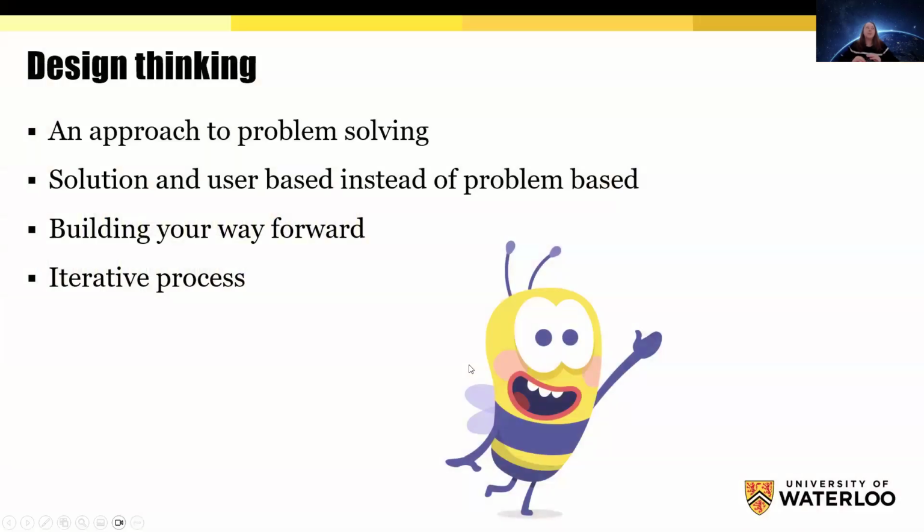In terms of what design thinking is and how it differs from other forms of thinking, like analytical thinking or strategic thinking, these are the key areas that really define it. The first one is it's an approach to problem solving, which a lot of thinking is, but the difference is that it's very based on the user and the solution compared to the problem itself.